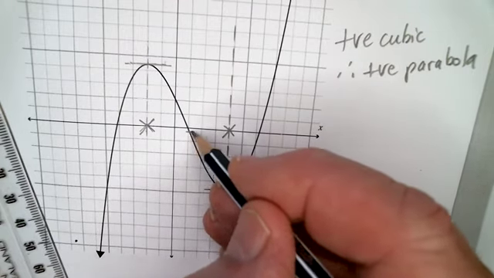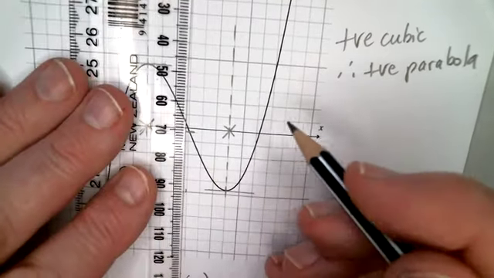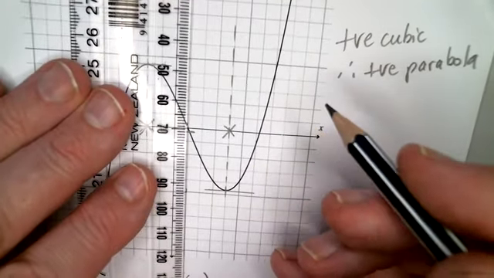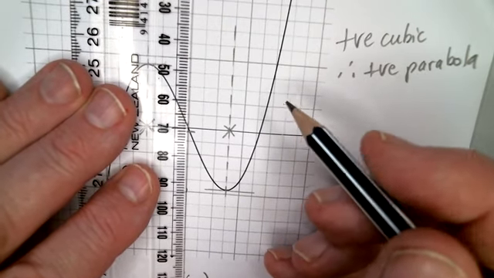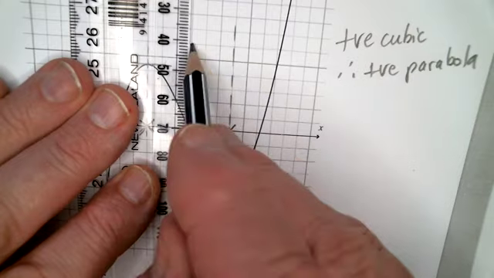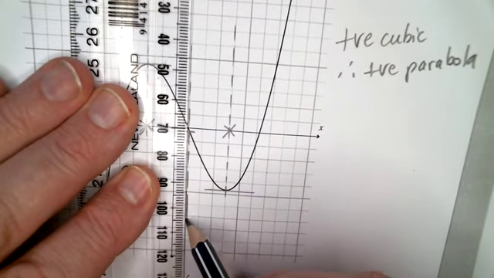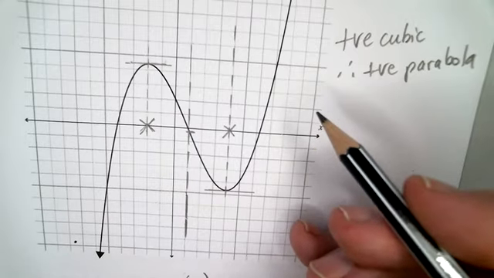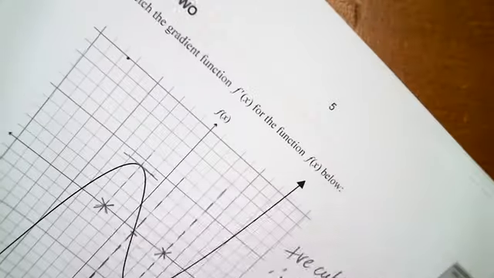The point of inflection is where it stops being negative and starts being positive. Here we go, point of inflection, somewhere down there. That's my point of inflection, and it's going to be something like this.